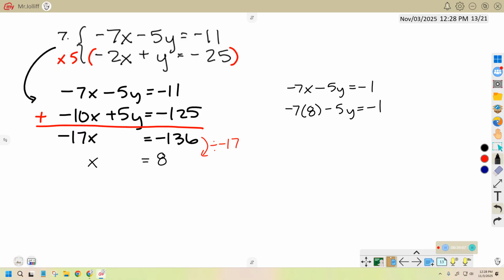Substituting that answer into the first equation. 8 times 7, 56. So negative 56 minus 5y equals negative 11. So I'm going to add 56 to both sides. Oh, it is negative 11. Thank you.